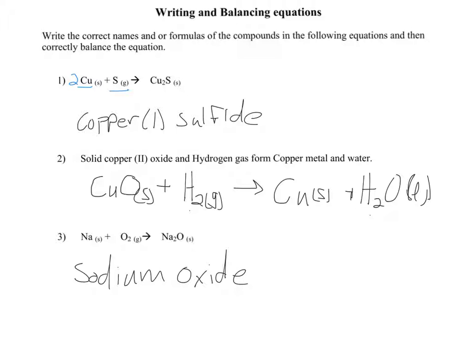Now this one will require a little bit more work in that we have to balance out our oxygen. So I put a 2 here to balance out my oxygen, but now that increased my number of sodium to 4. So I need to put a 4 in front of my sodium, and now that one's balanced.